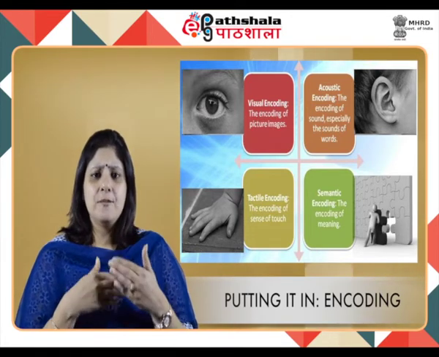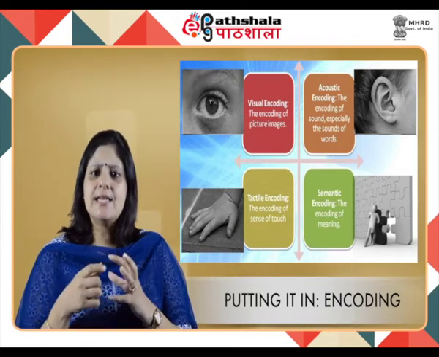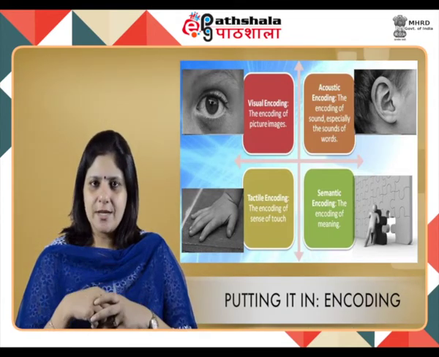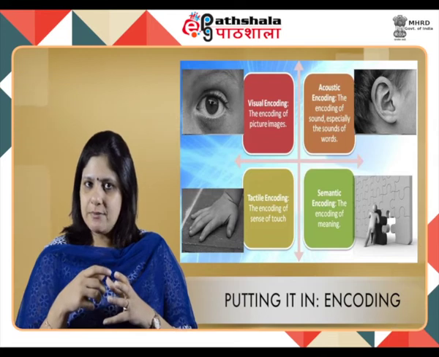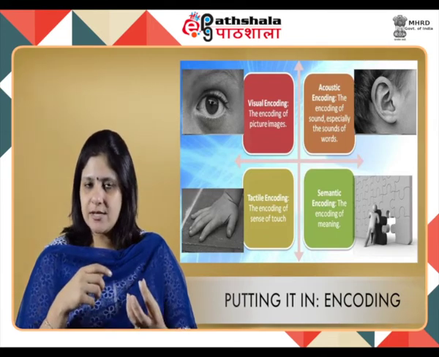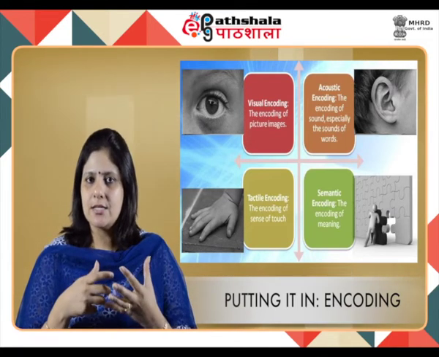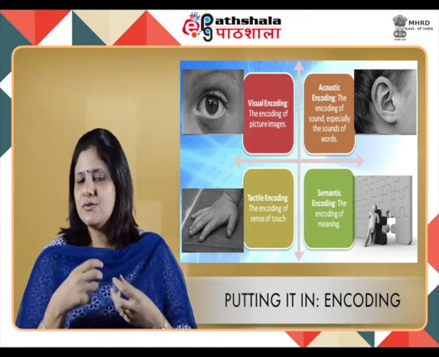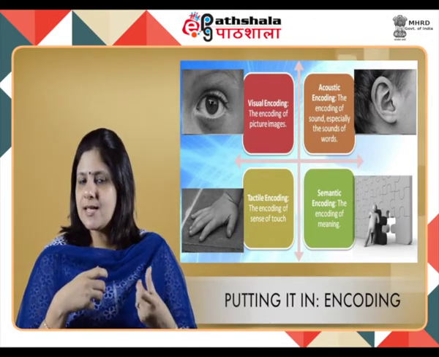When information is there, your senses start playing a role to process that information. It could be a visual object or something which you have heard. Your brain will start using its own mechanisms to understand that information.